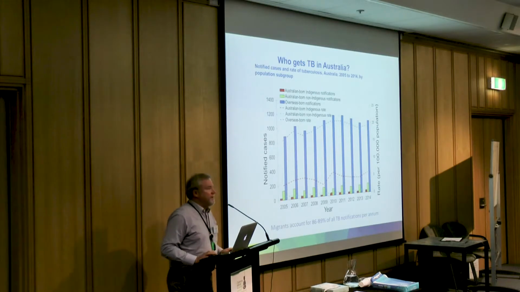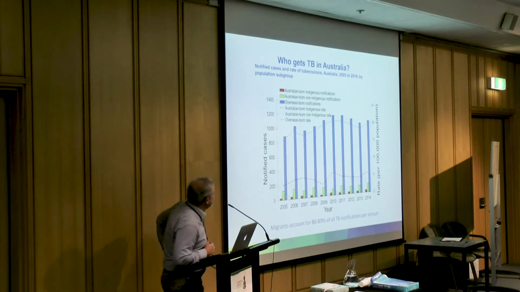Now, who gets TB in Australia? Those that are regularly reading our NTAC annual reports will have seen various versions of this graph, but there are maybe some researchers in the room from out of Australia who haven't seen this before.